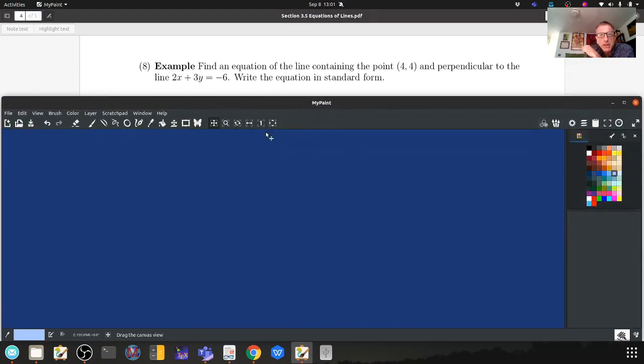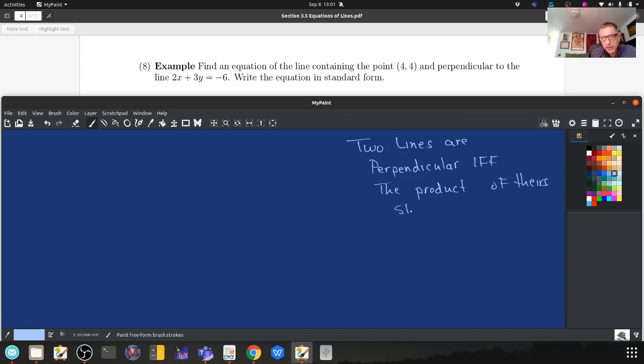So find an equation of the line containing the point (4, 4) and perpendicular to the line 2x plus 3y is equal to minus 6. So two lines are perpendicular if the product of their slopes is minus 1.